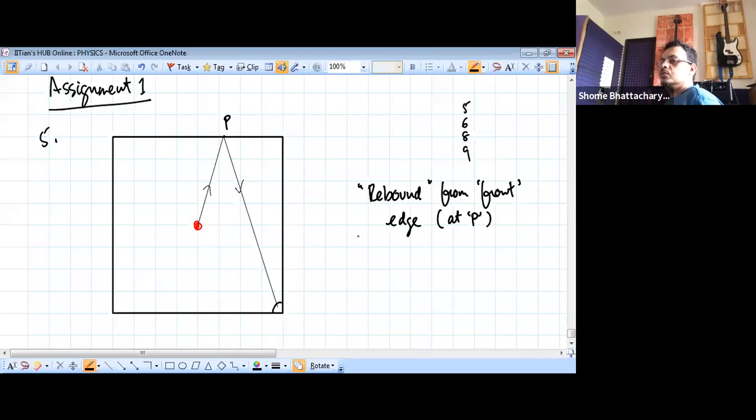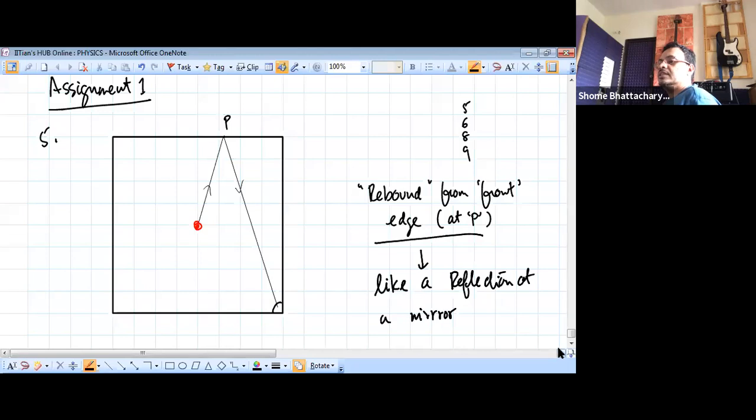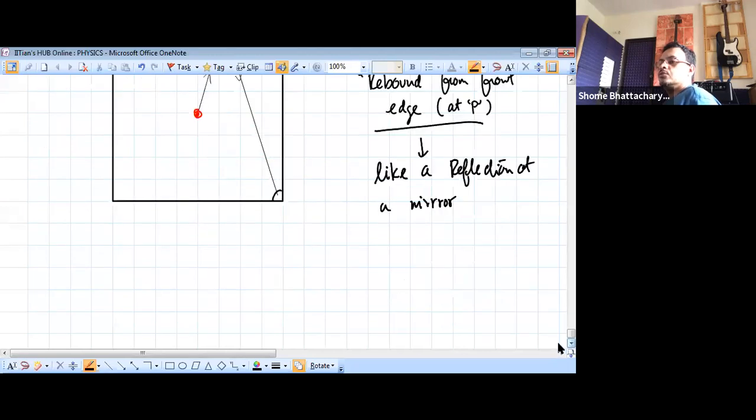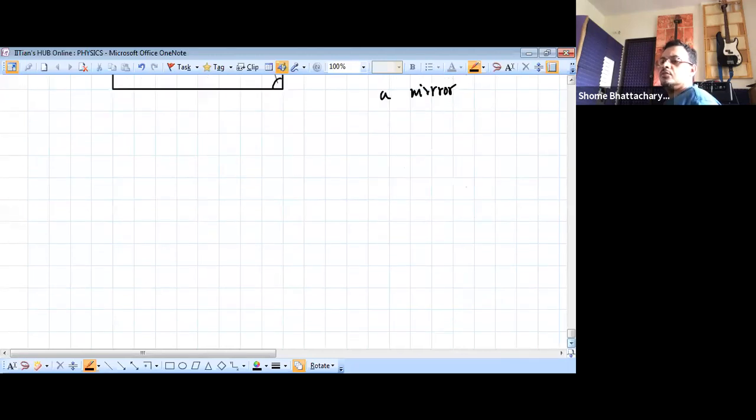So this rebound can be treated like a reflection at a mirror. That is, angle of incidence is equal to angle of reflection. So the rebound, you treat it like this.